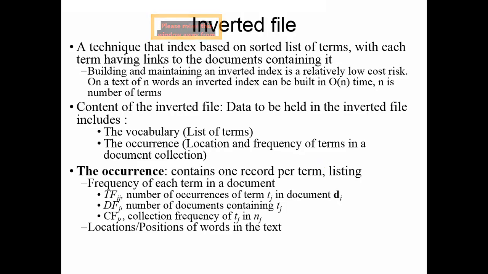Inverted file, the name itself is inverted, means documents are kept using the words they contain, such that given a word, it's trying to identify all the documents that are containing that word. So we are accessing documents through the words they contain. That's why it's called inverted.